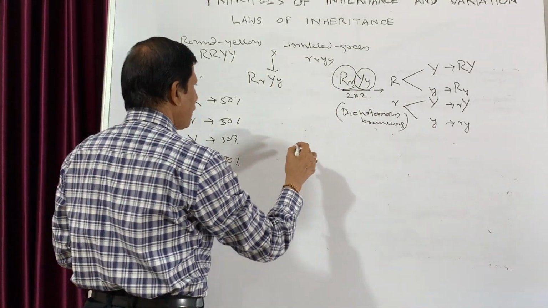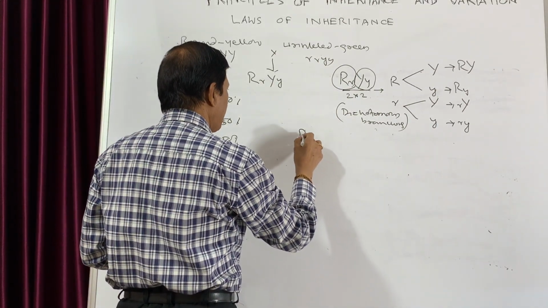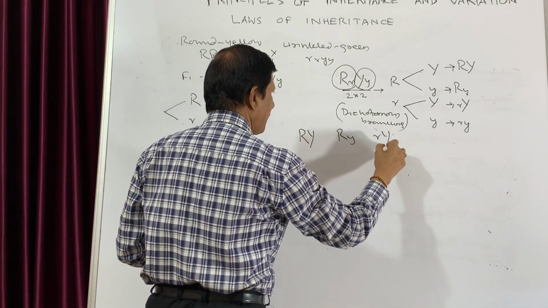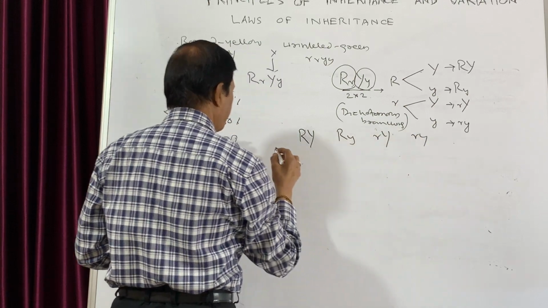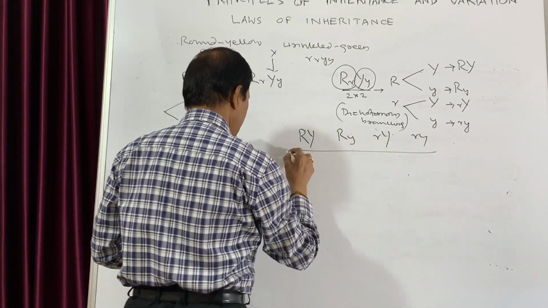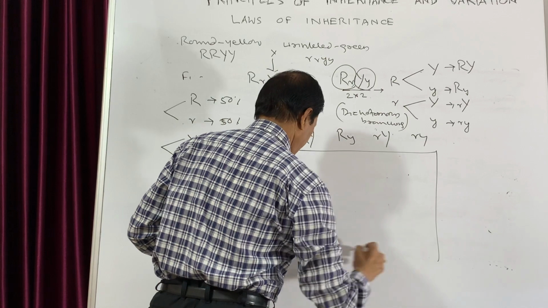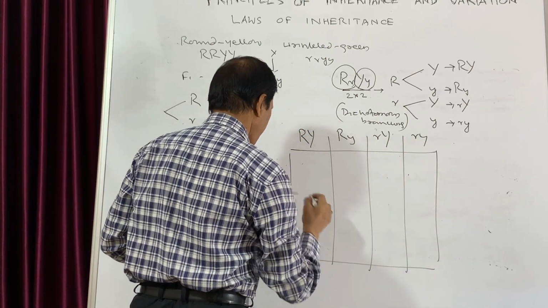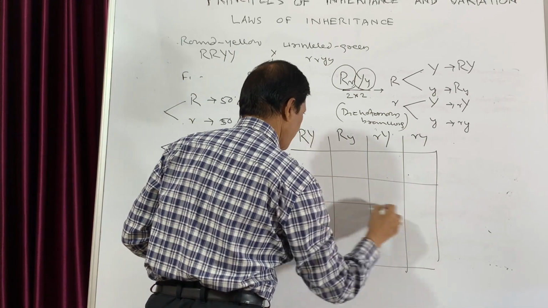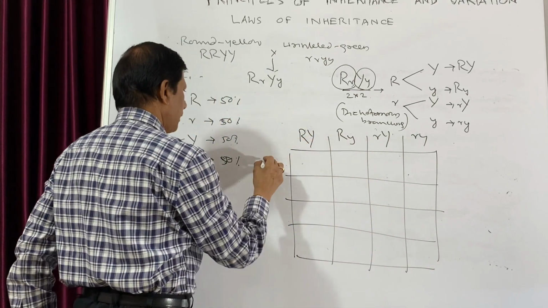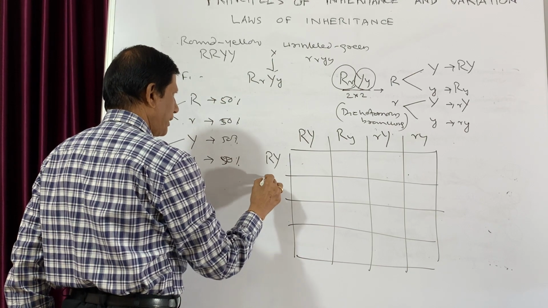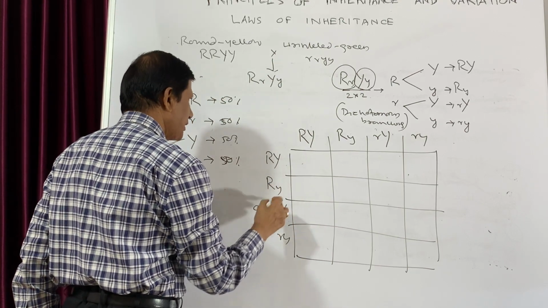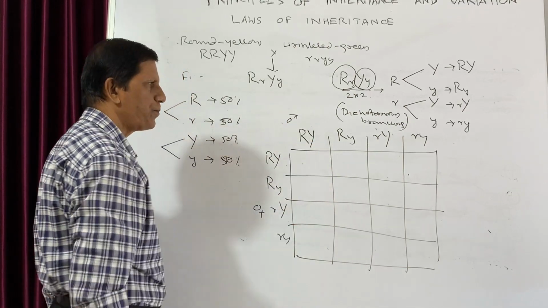So, if we draw the checkerboard: capital R capital Y, capital R small y, small r capital Y, small r small y. This is suppose the male side. Now this side is the female side, with the same four gametes.